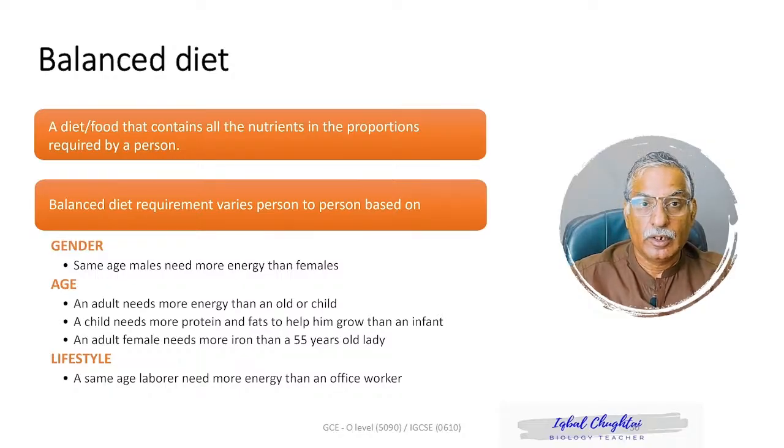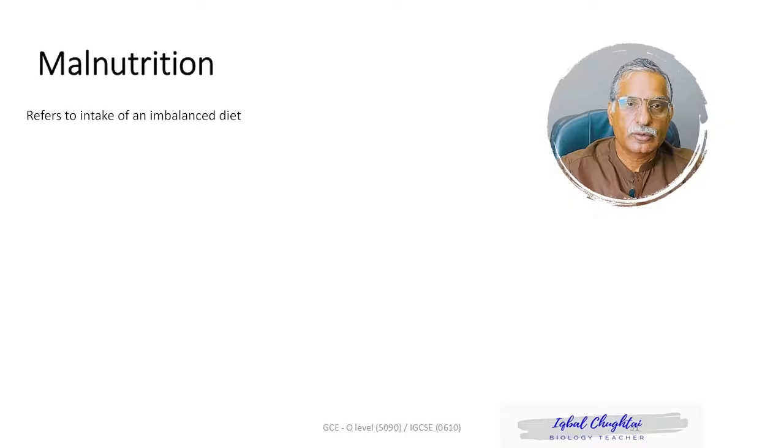But not everyone is able to maintain a balanced diet in his daily dietary routine. If we do not take a diet with the balanced proportion, this is known as malnutrition. Malnutrition refers to intake of a diet that does not contain the nutrients in the balanced proportion.